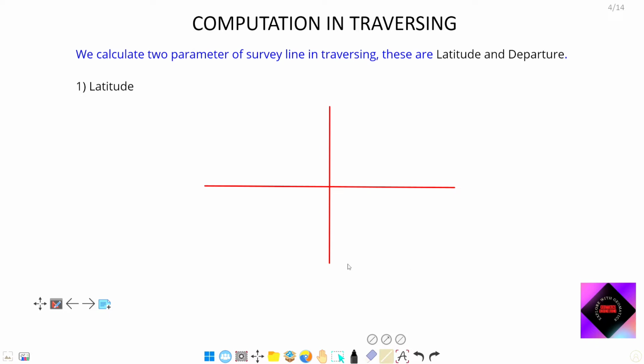I am drawing a line, for example OA. OA is my line. If this is our meridian, north, south, east, west, the projection of this line OA on the north-south axis or north-south line is called latitude.